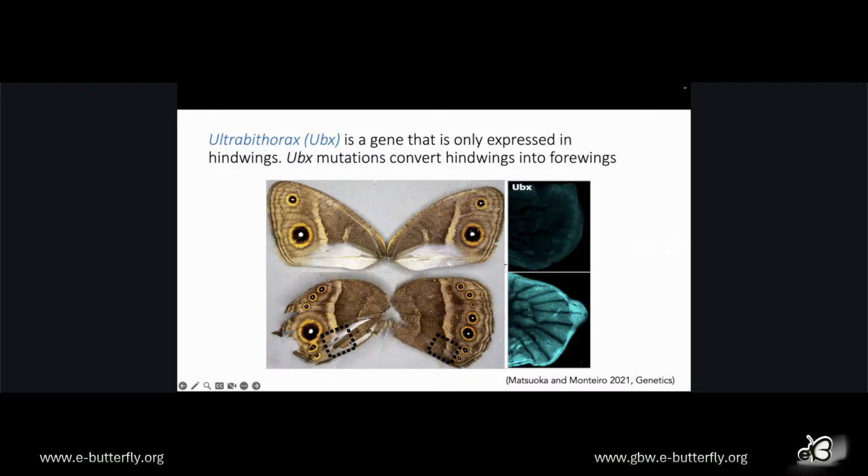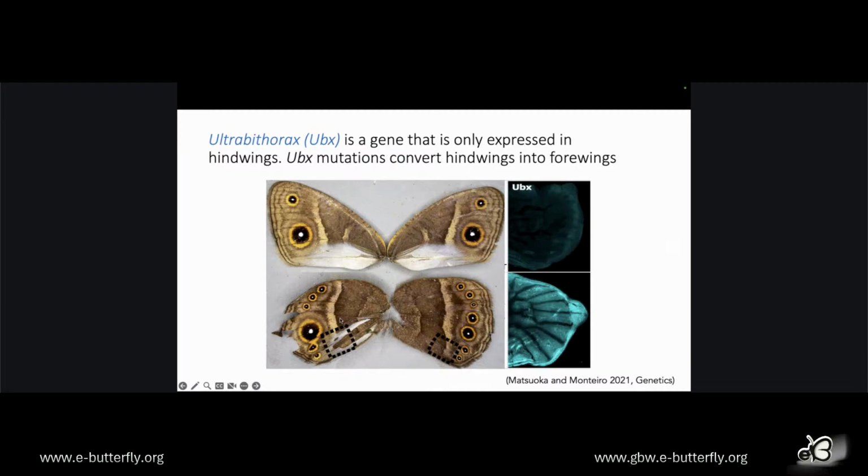required to modify a default forewing program into a specialized hindwing program. So the forewing program seems to be the default program, and UBX is there to create a novel wing program, which is the hindwing program, by tweaking a few things.